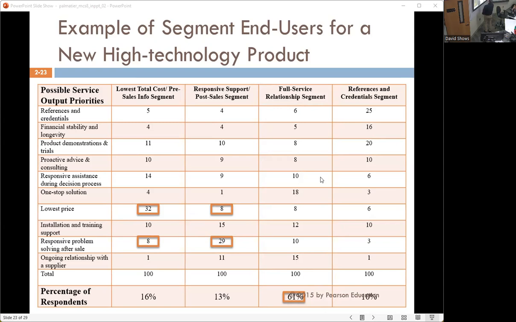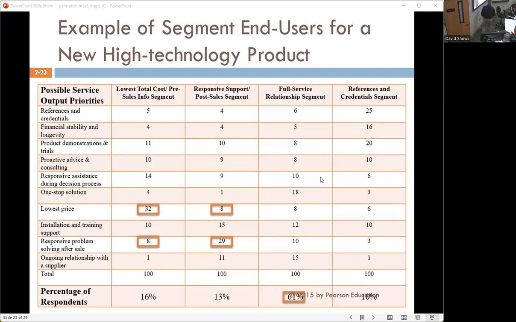These individuals in this unique market segment collected together are called the lowest total cost pre-sales info segment. So that's one segment. The next group is called responsive support post-sales segment. The next is called full service relationship segment. And the next is called references and credentials segment.